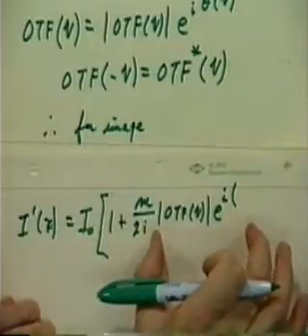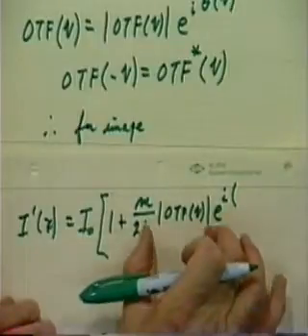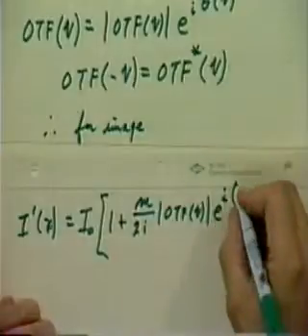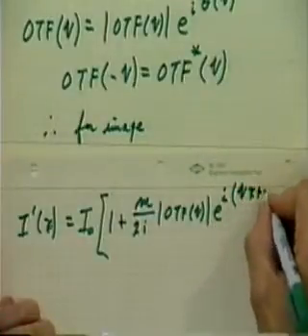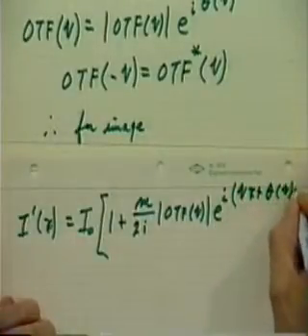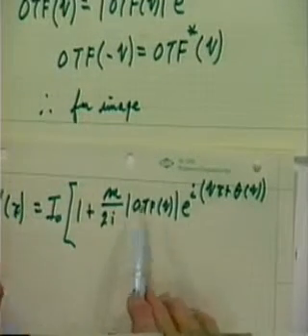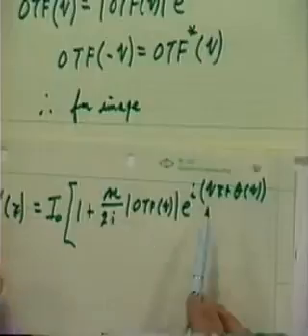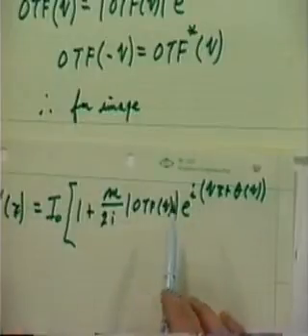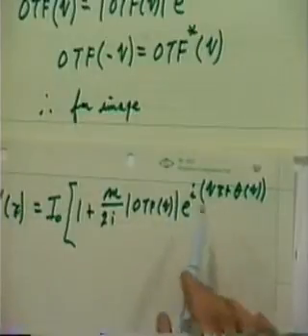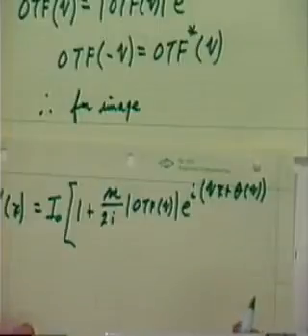So we're multiplying this by the OTF. So I have a magnitude, e to the i phase, so e to the i nu x plus theta of nu. Okay? So I had to multiply this by whatever the OTF was at that particular spatial frequency. So it's just magnitude times e to the i phase.